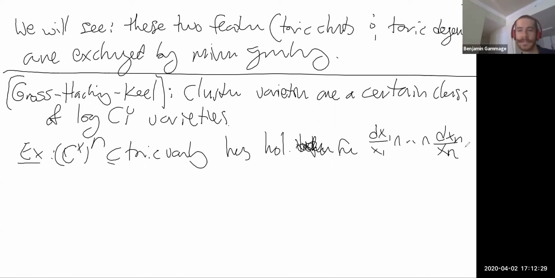This has a log pole along the toric boundary divisor. So this C star to the n is the simplest cluster variety.